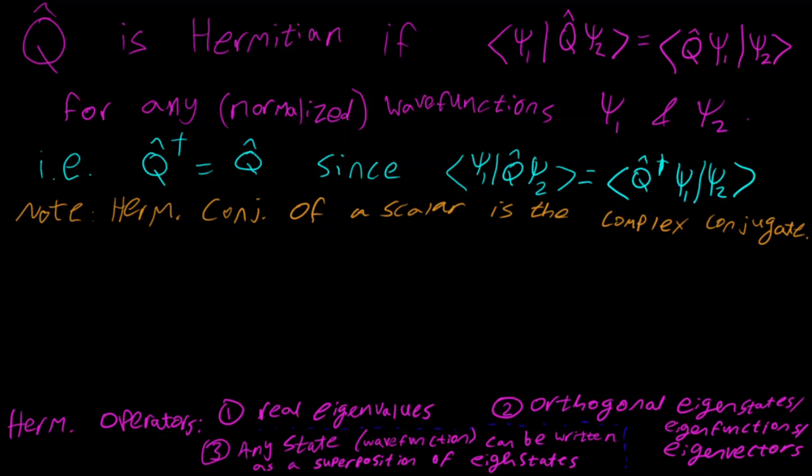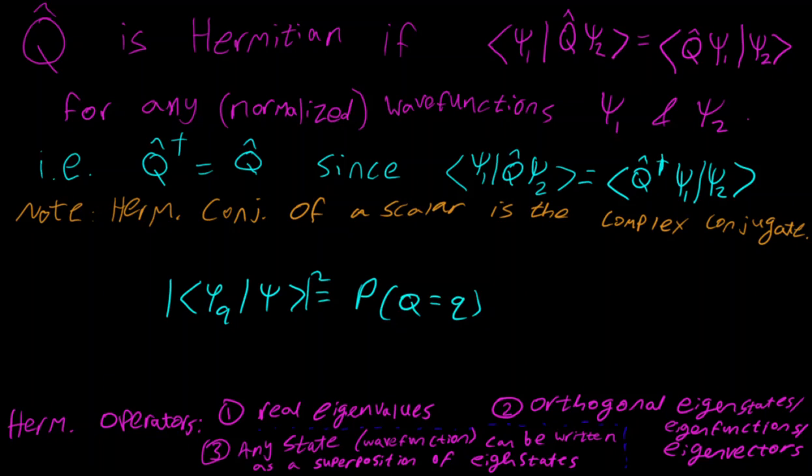This was really important because one of our postulates of quantum mechanics was that if you take the inner product of phi sub q and psi, and we take the norm squared of this, we get the probability of the observable big Q being equal to this little q.